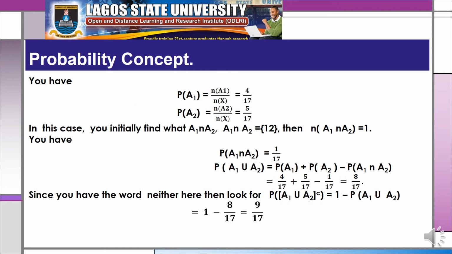So you have P of A1 will be 4/17, P of A2 will be 5/17, and since you have the word neither here, then look for P of A1 complement intersection A2 complement. By definition, that will give you 9/17. Also, in the case where they are not mutually exclusive, you have by definition the probability to be 8/17.